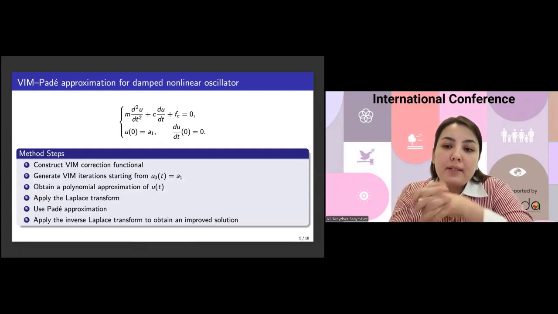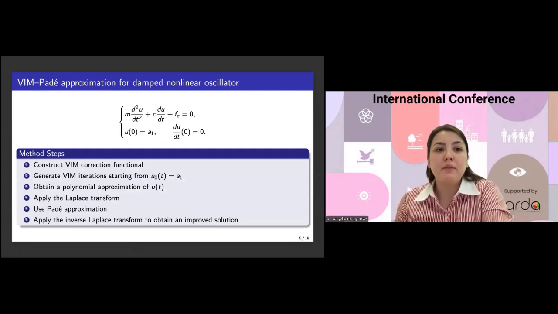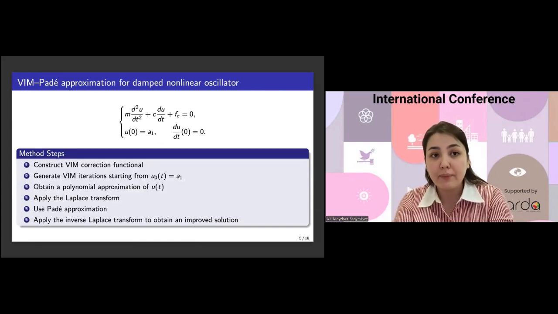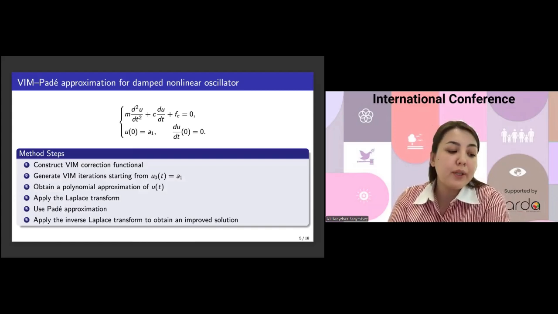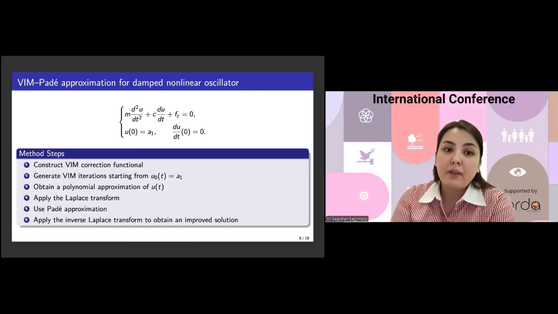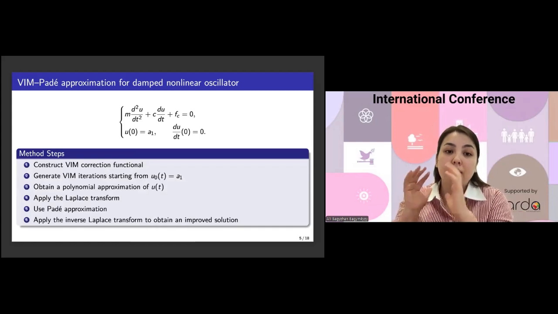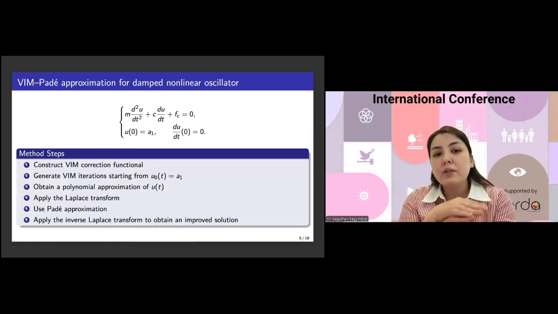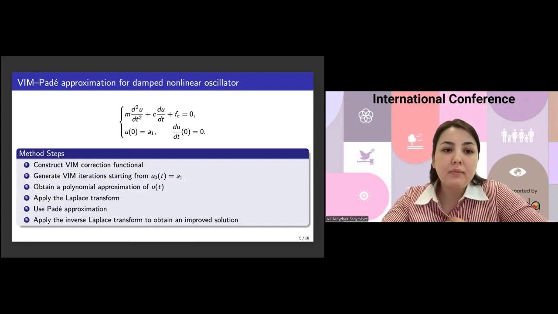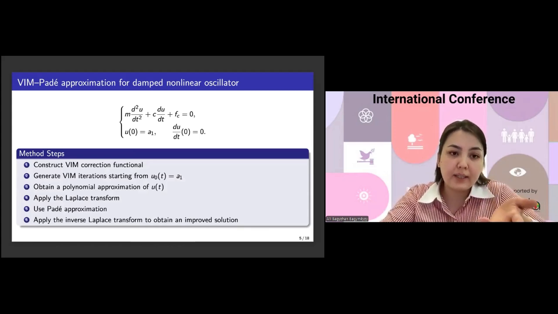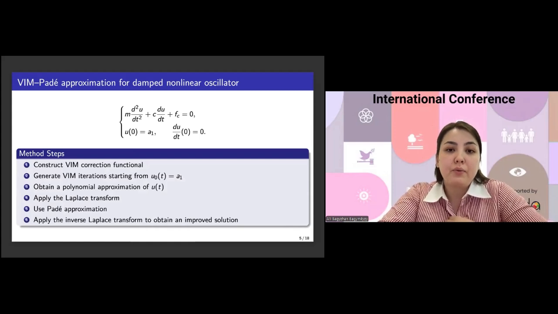So how do we solve these two equations? We solve them using the VIM-Padé approximation method. VIM means variational iteration method. First, we constructed the correction functional using the VIM method, and later we generated VIM iterations starting with an initial guess, which in our case is A1.